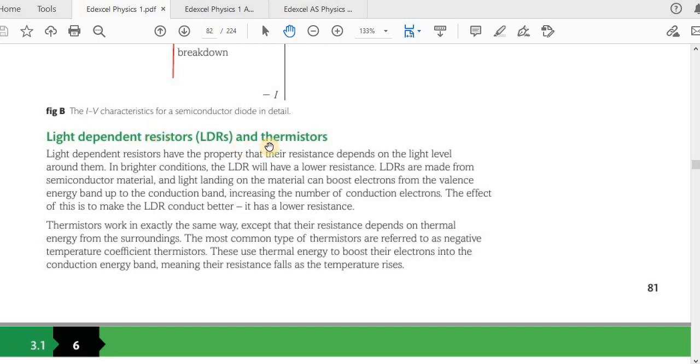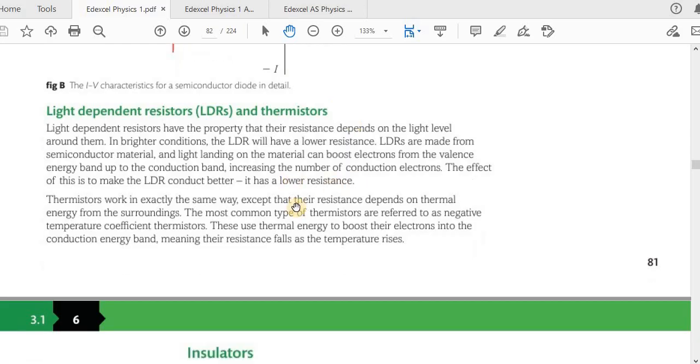And similarly in thermistors, when the temperature increases, the resistance decreases. So you can see in both of them, when one quantity increases, the other quantity decreases. So here, when the amount of light falling increases, the resistance decreases. Here, when the temperature increases, the resistance decreases.